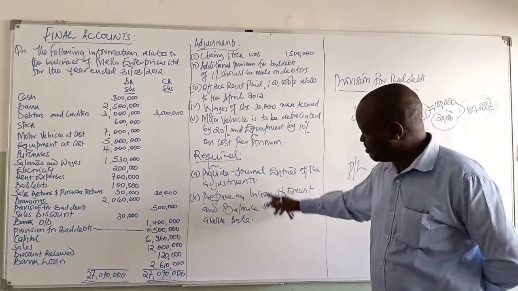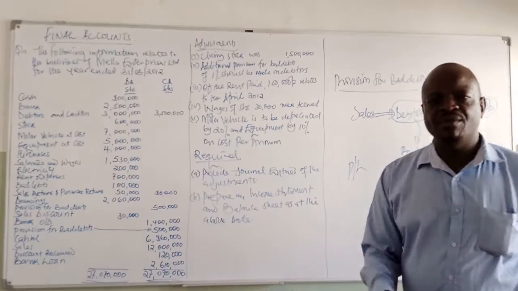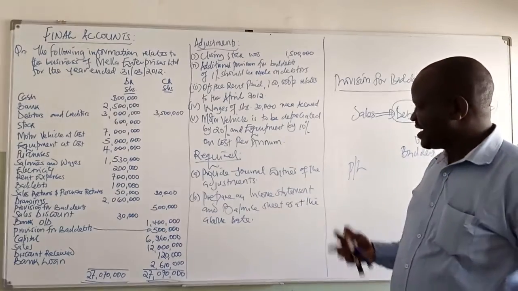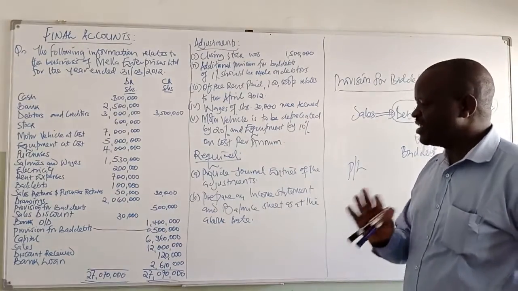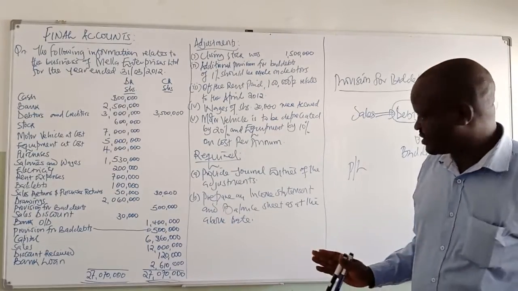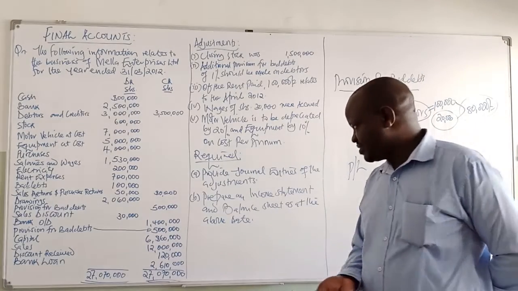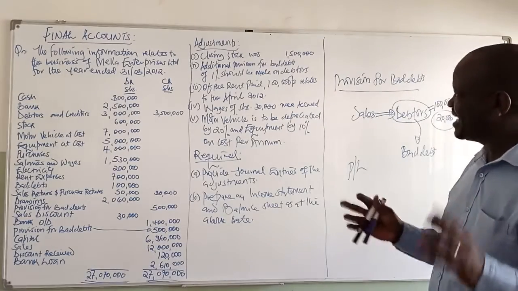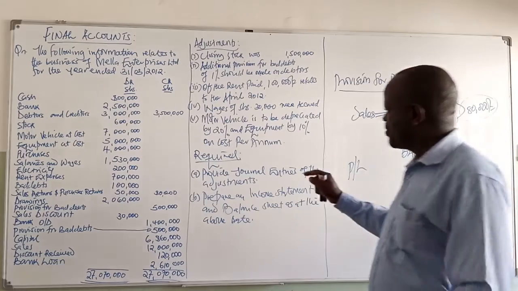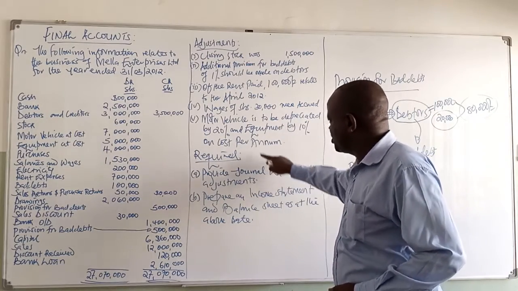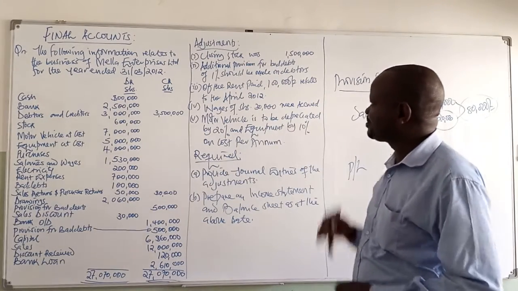But the remaining part B, people can do it because we have always done it. Our income statement is prepared on the same principle and the same concept of accounting that we have been using. So today we are going to put much emphasis on the journal entries for the adjustments.